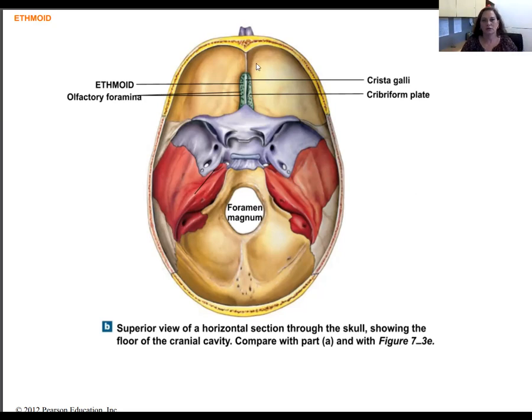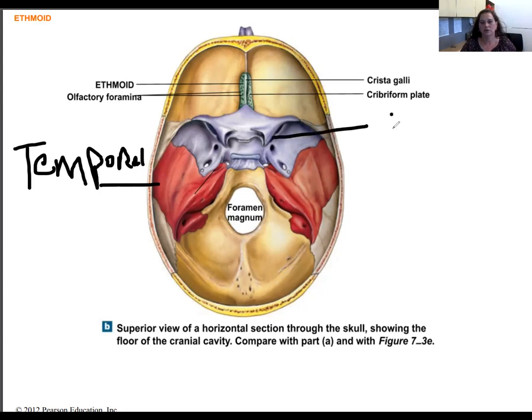So on this picture, in red would be my temporal bones. Then in purple here is my sphenoid bone. That's spelled with a PH, by the way, sphenoid bone.